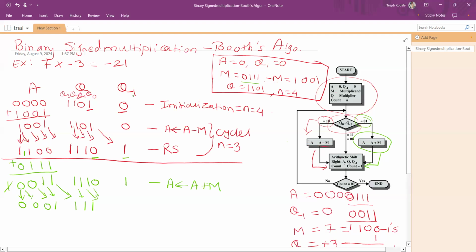So all bit will be 1. This 0 will get shifted over here. So this is your right shift for A, Q and Q minus 1. After right shift, reduce your N by 1 and this will be your second cycle.